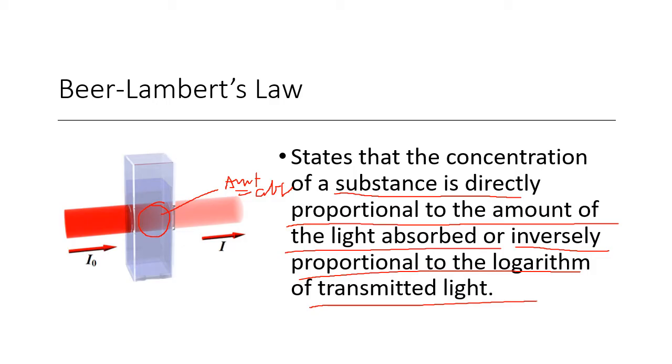Diba? So, paano ba natin i-visualize to? For example, you're trying to brew up coffee. Diba? The more coffee you put, the darker it gets. The less light can pass through your cup of coffee. Pero kung konti lang yung kape natin, let's say katiting lang, just the tip of the teaspoon, kapag minix mo siya, it's still going to be clear.